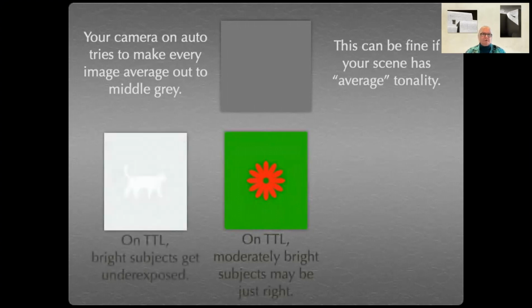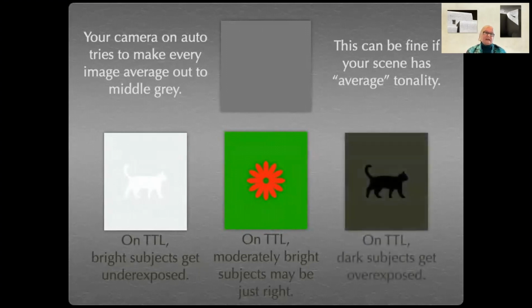But if you have, for example, a white cat on a field of snow, your camera is going to go, oh my gosh, there's way too much light. Need to tone it down, underexpose. And your cat on the snow will turn out basically gray. And if you put a black cat in a coal mine and you want to shoot that, again, your camera's light meter wants everything to be middle gray. So it goes, oh my God, it's really dark in here.